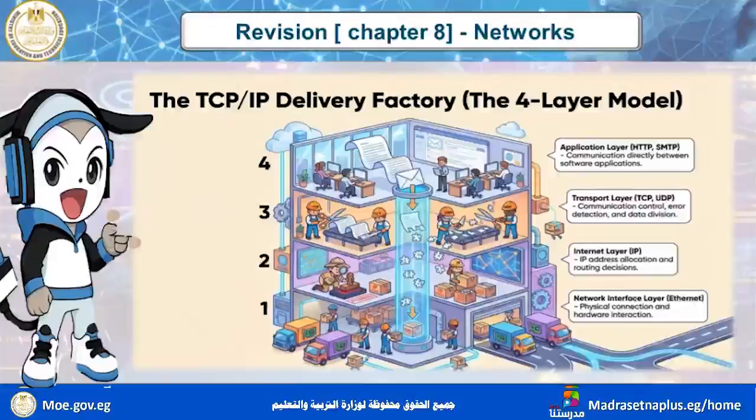What about the internet layer, in which we make sure that data is received at the correct destination? Here we use IP, or Internet Protocol. And the last one is the network interface layer, by which we mean the Ethernet, the network card inside the PC, which is the physical connection and hardware interaction. So we have many layers, many levels for delivering data.